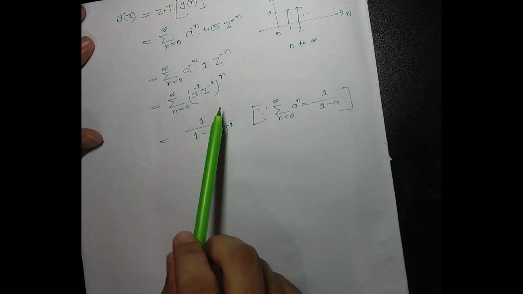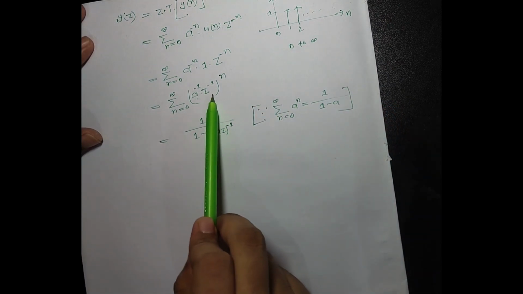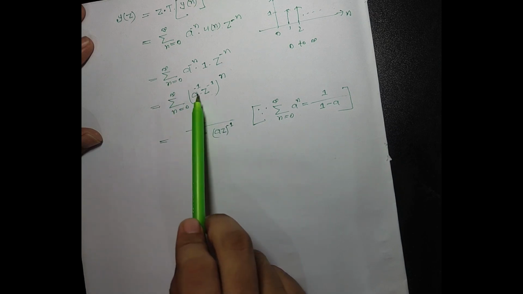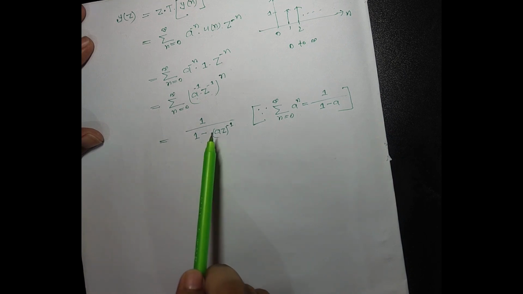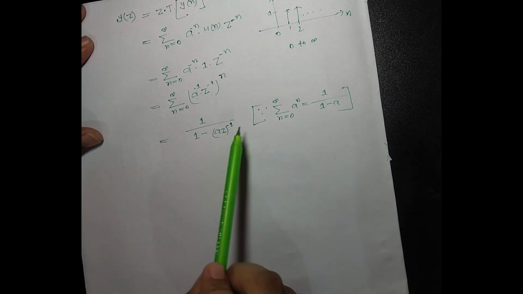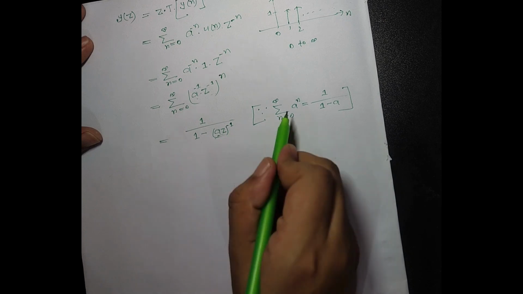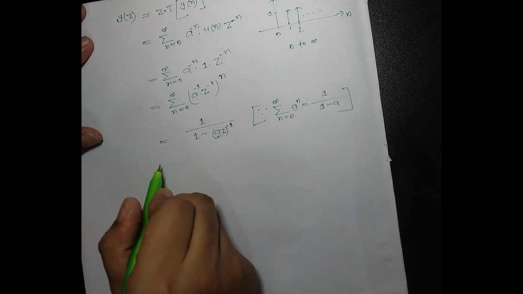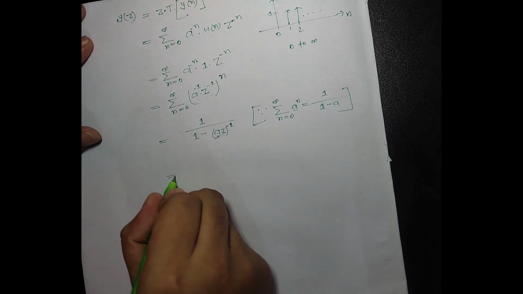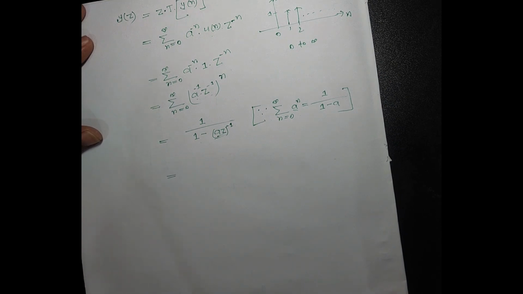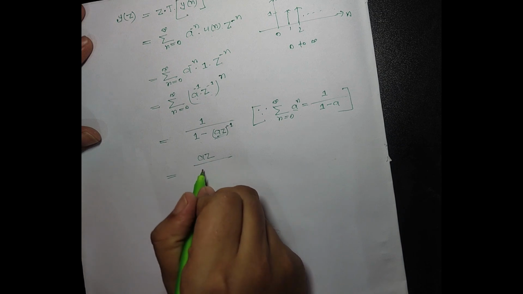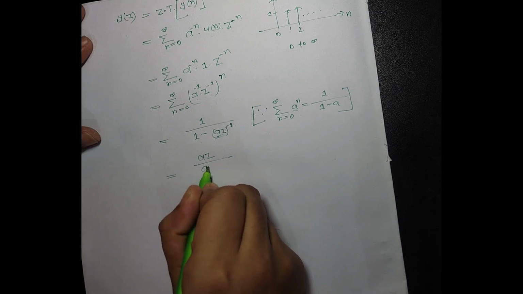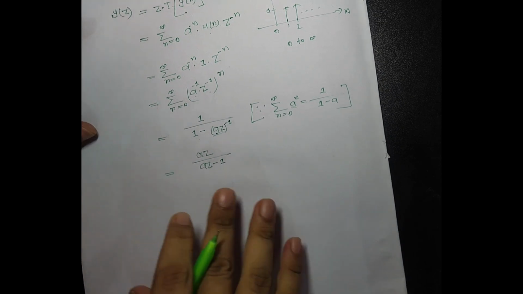That means summation n equal to 0 to infinity (a inverse z inverse) to the n equal to 1 by 1 minus a inverse z inverse. We can write this formula az divided by az minus 1.